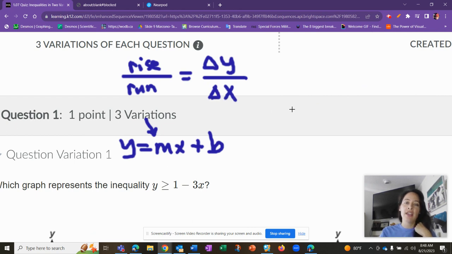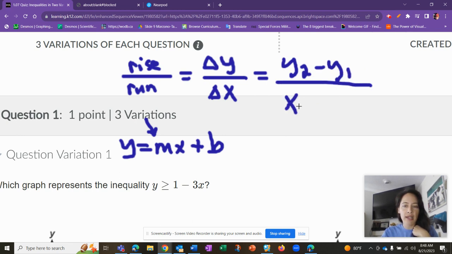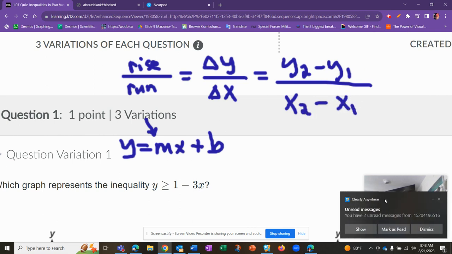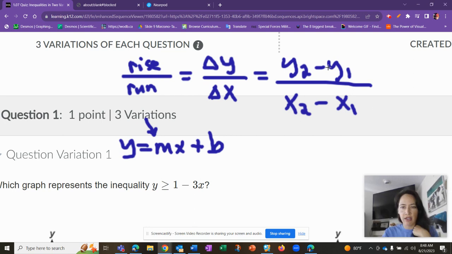Why'd you draw a triangle? That's the Greek symbol delta, and it represents change. We use it often. And if you remember, you can take the y sub 2 minus the y sub 1, which just means a y value and an x value, like an ordered pair, and you subtract them to find the change.